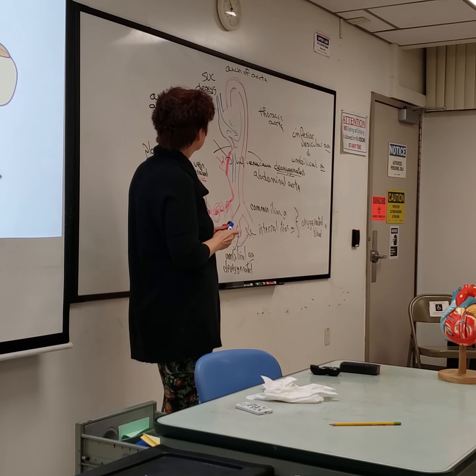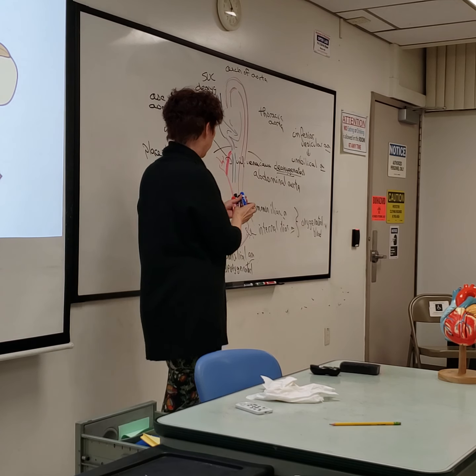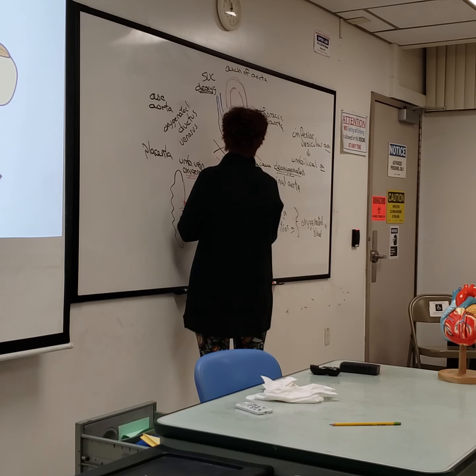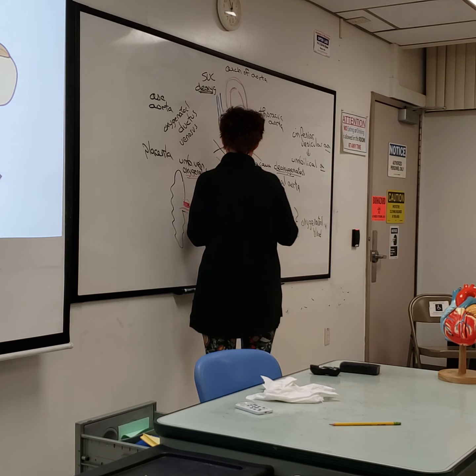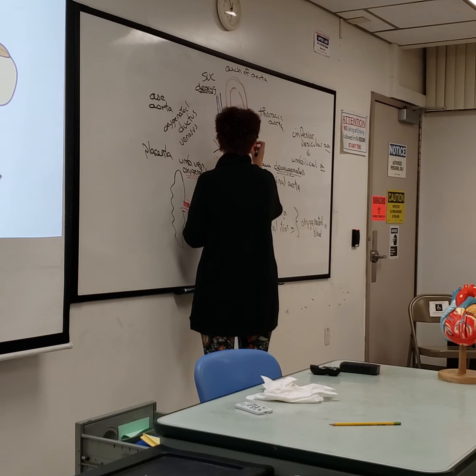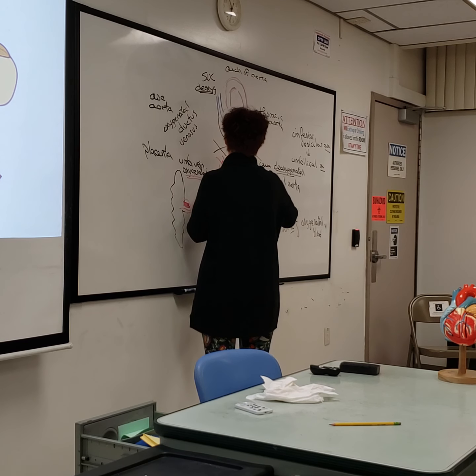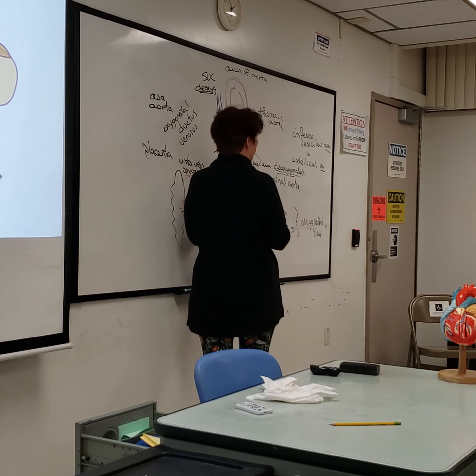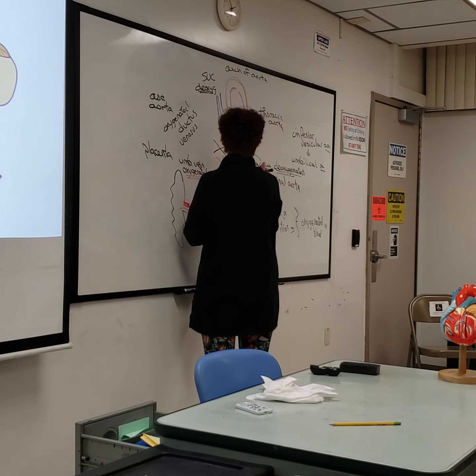Okay? Whereas our mixture of blood from the inferior vena cava is going to flow through the foramen ovale into the left atrium.